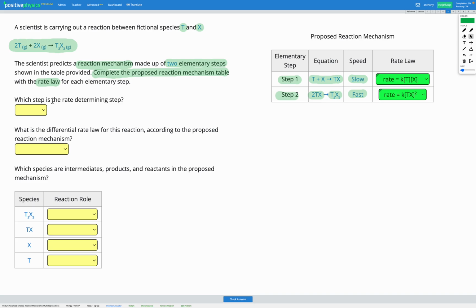Okay, next it asks us, which step is the rate determining step? So rate determining, that is going to be our slow step. And that's usually the step with the higher activation energy.